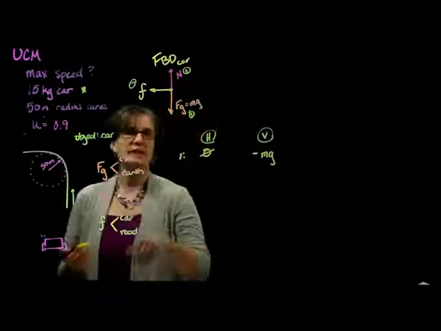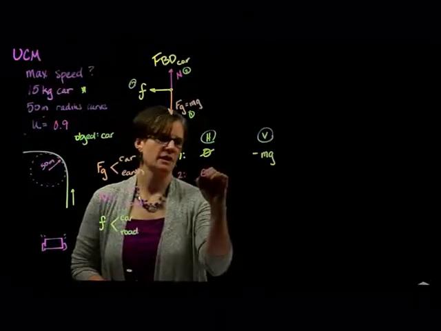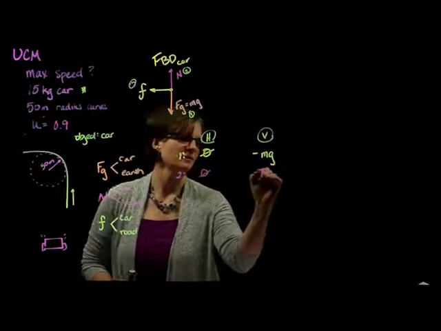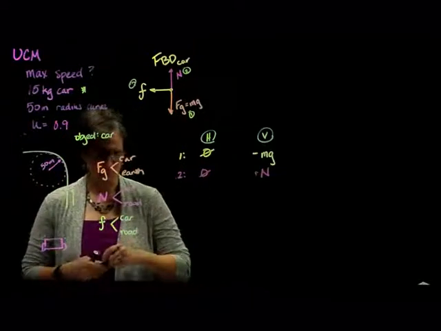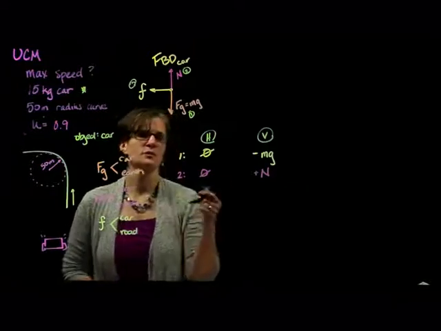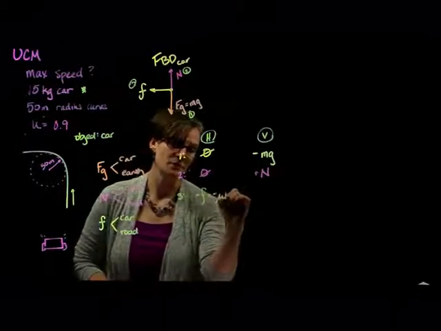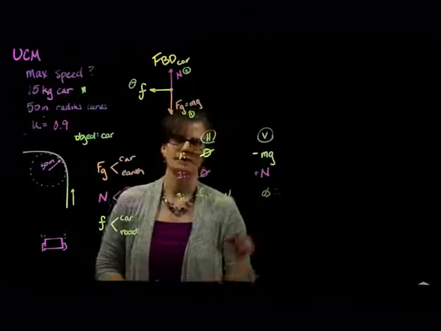The second force, our normal force, doesn't have a horizontal component, and it's positive, in the upward vertical direction. And our third force, our frictional force, is pointing to the left, and we know that that's mu n, and it's not pointing in the upward direction.